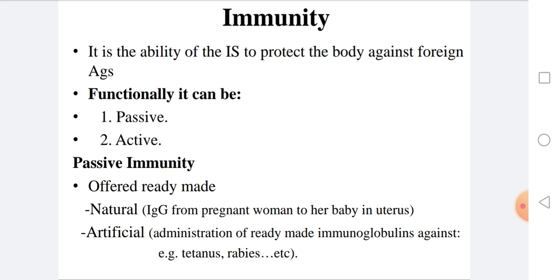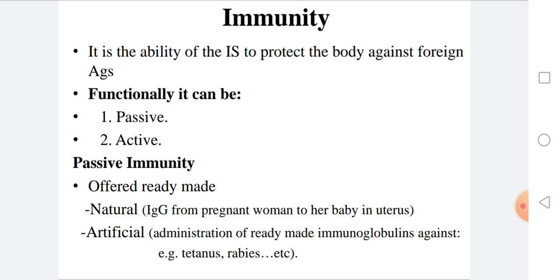The passive immunity can be natural. The best example of the natural passive immunity is the immunity gained by the baby in the uterus of a pregnant woman after passing IgG from the pregnant woman to her baby in the uterus.